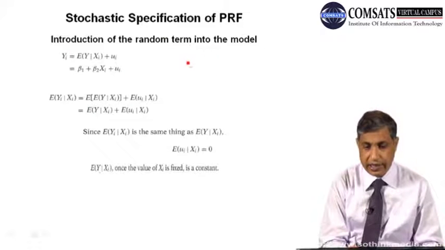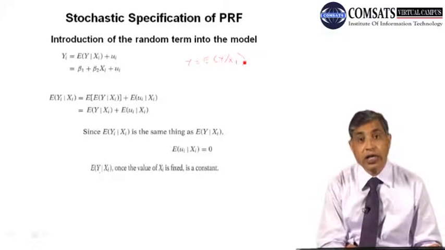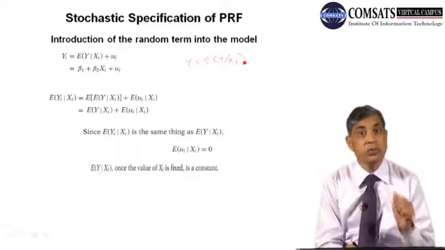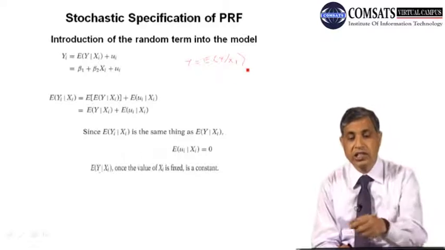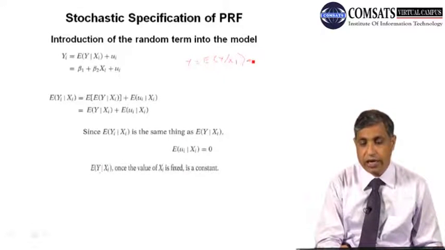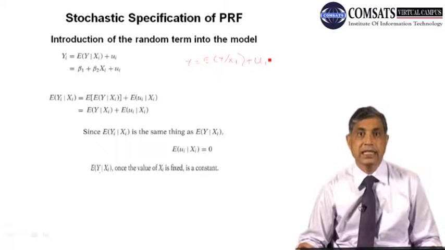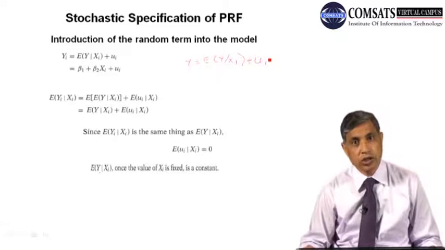For example, I would like to write here that the model is y is equal to expected value of y given xi. When we take the expected value of y, it becomes a constant, and this is the mean. And because this is the value of y given xi plus ui, this ui is the stochastic term, the error term, the residual term.